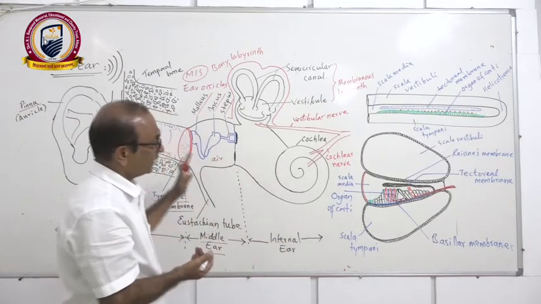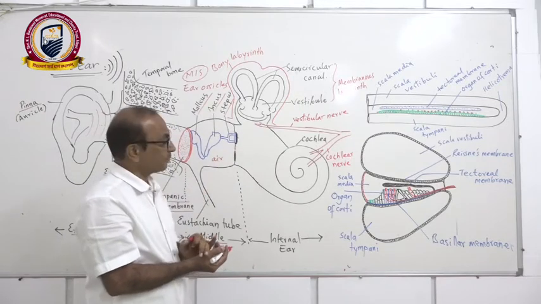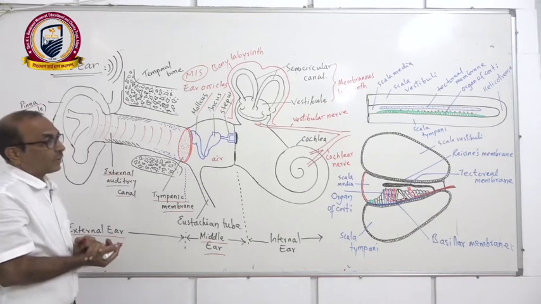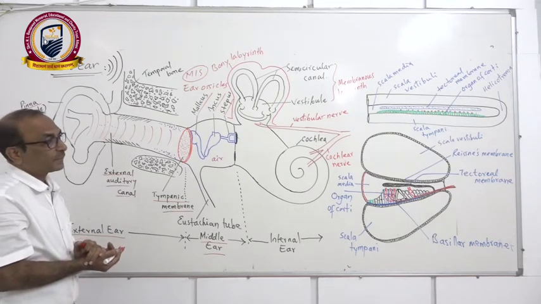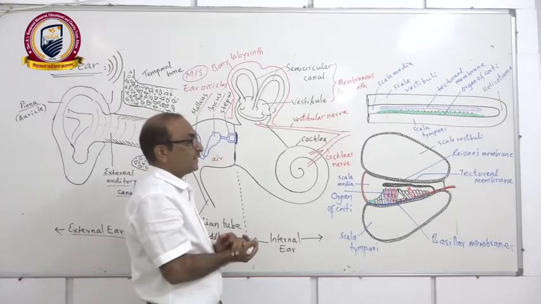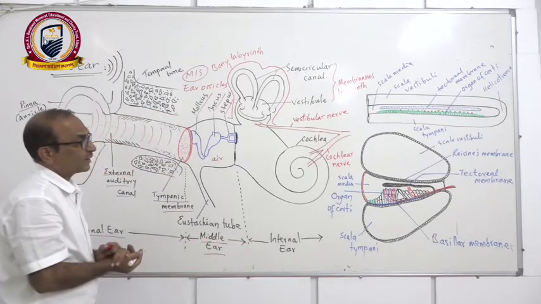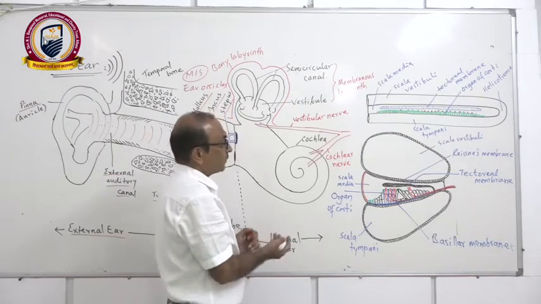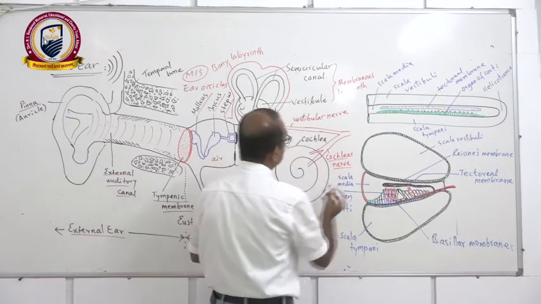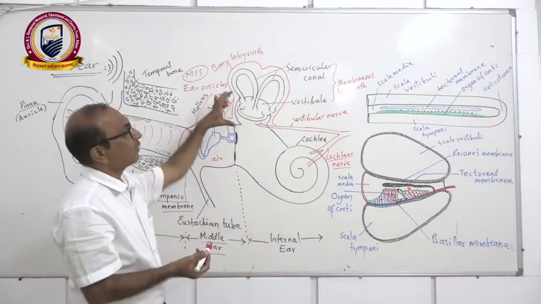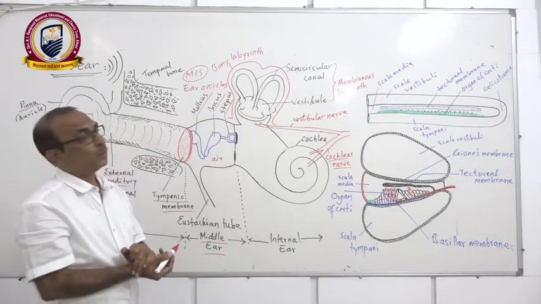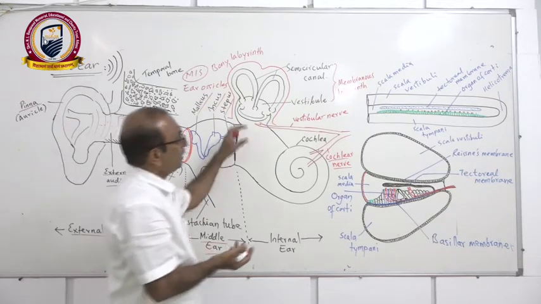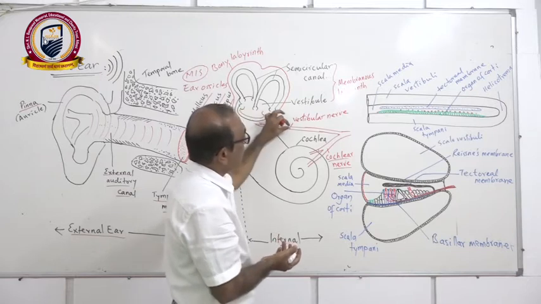When the sound waves enter into the cochlea, there is a hearing organ called the organ of Corti inside, which generates the electric signals carried by the nerves. The nerves arising from the cochlea are called cochlear nerves, and the nerves from the vestibular organ, or membranous labyrinth, which is the organ of balance in our body, are called the vestibular nerve.